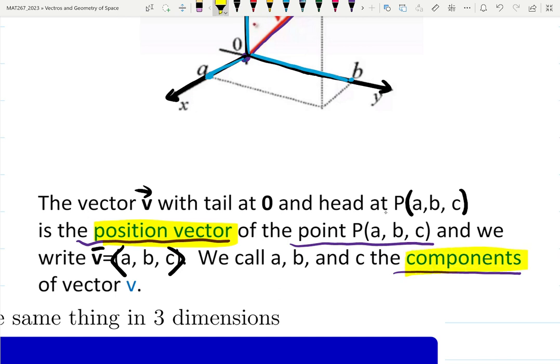That's the definition. If it starts from 0 and points at some point, it's called a position vector because it points at some position from 0, 0. So 0, 0, 0 is kind of your pole, your node, your center.